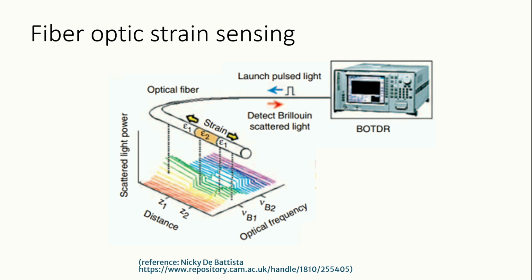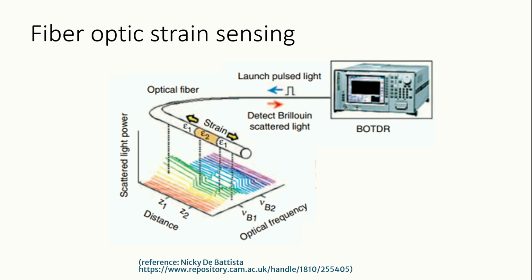Backscattering occurs when the light is reflected back to the original source. So this light is sent to the cable using the interrogator, and then it comes back to the same interrogator, and the changes in the backscattering, which depend on the properties of the cable, allow us to measure, for example, strain changes or temperature changes in the fiber optic.